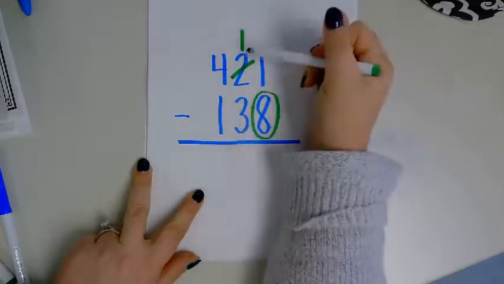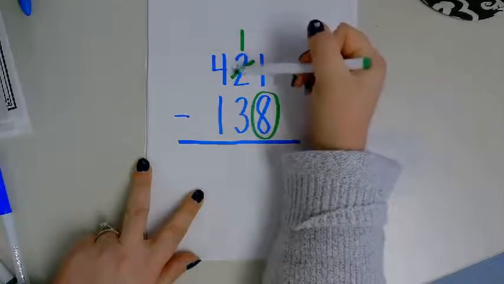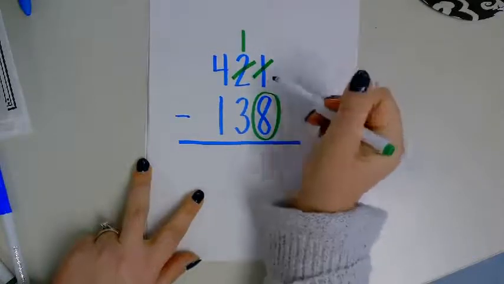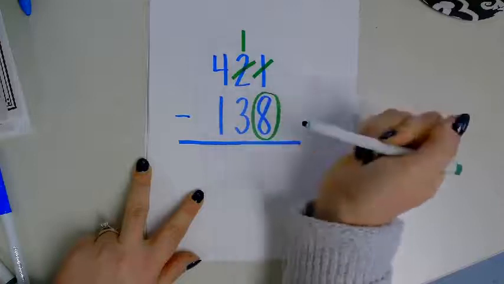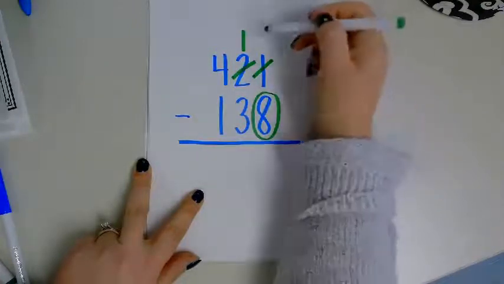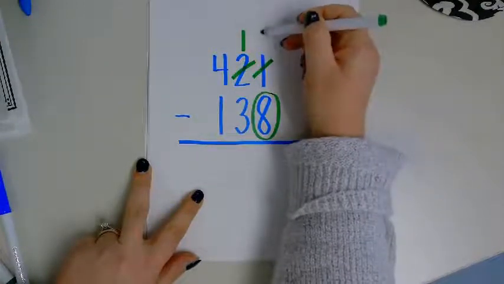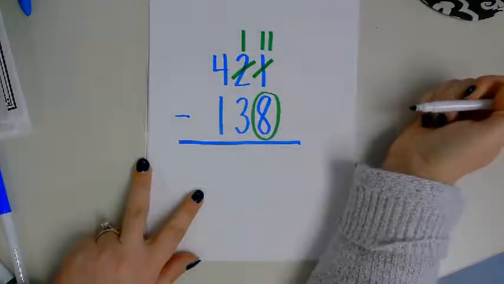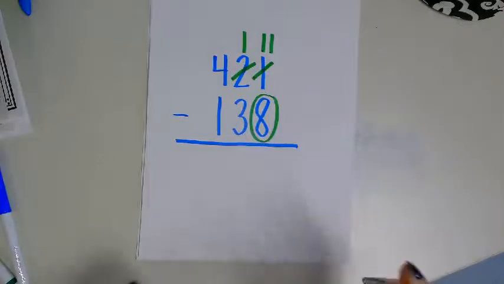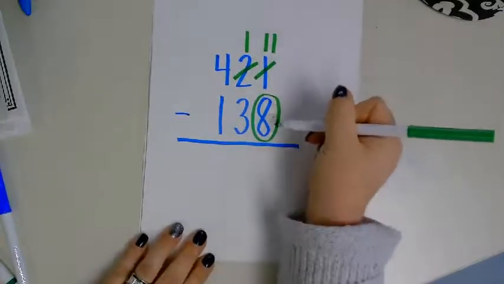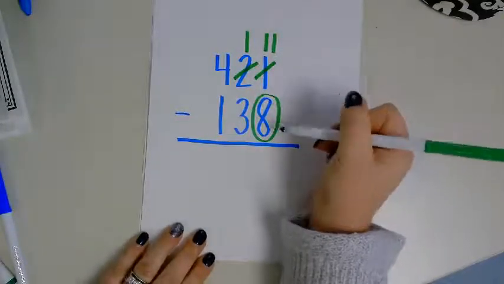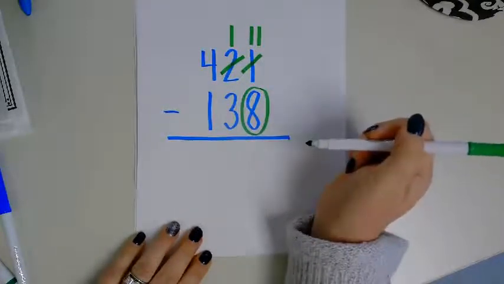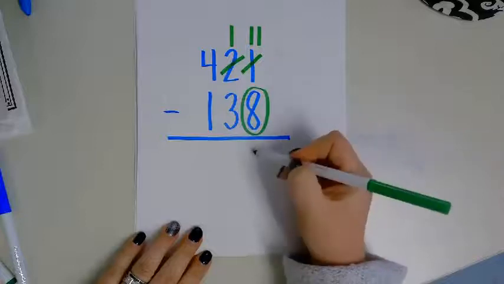The 1 group that I'm taking from the 2 moves over and becomes 10 more in the ones place. That gives me 1 plus 10, which is 11. Now I can subtract 11 minus 8. And what is 11 minus 8? Good, it's 3.